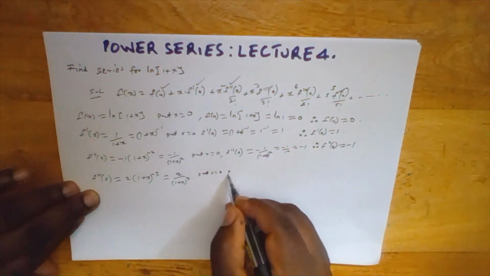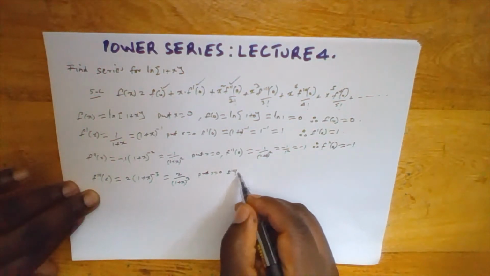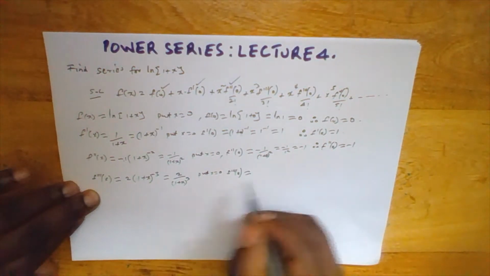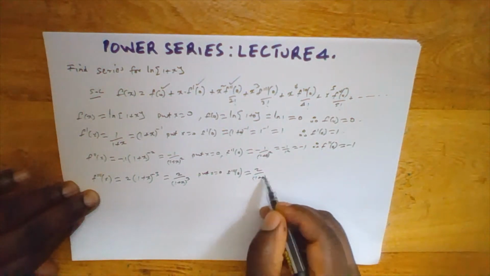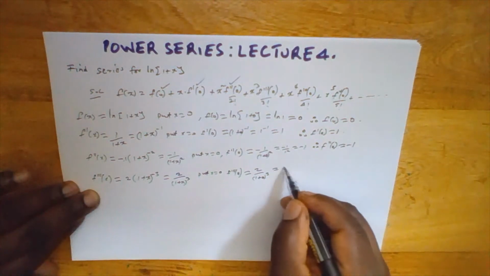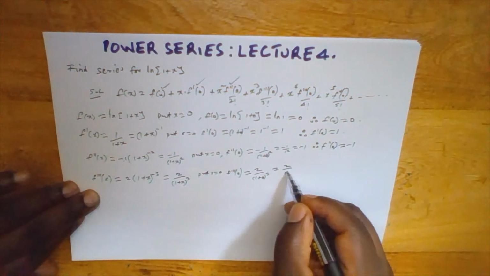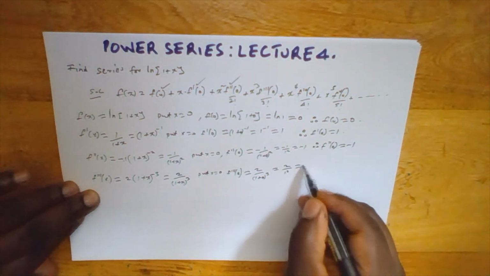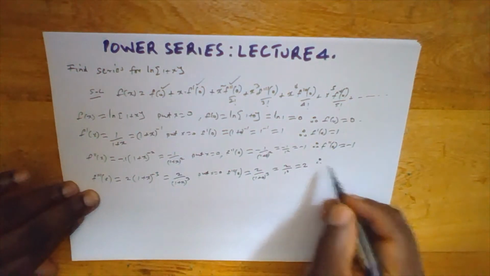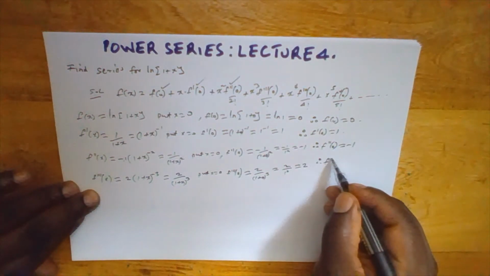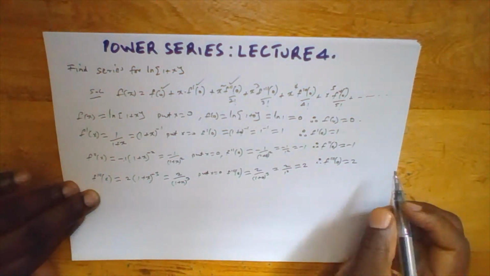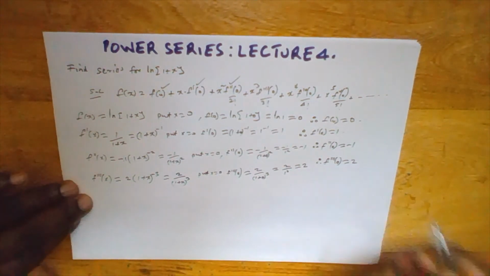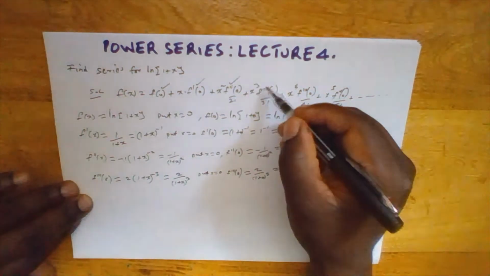So we shall have f triple prime of 0 equal to 2 all over 1 plus 0 raised to 3. This is the same as 2 all over 1 raised to 3, which is the same as 2. Therefore f triple prime of 0 will be equal to 2.